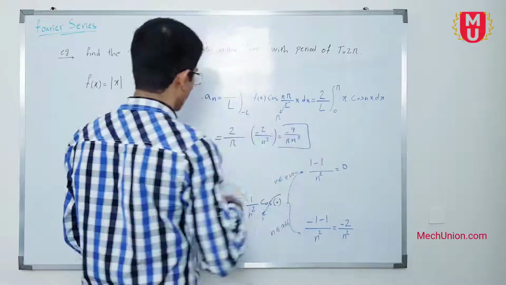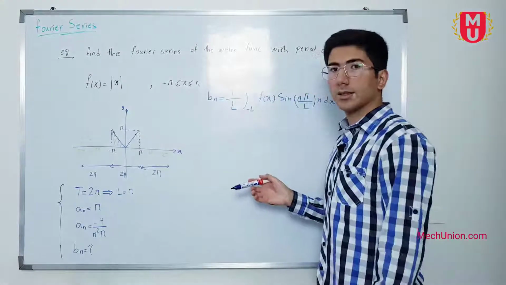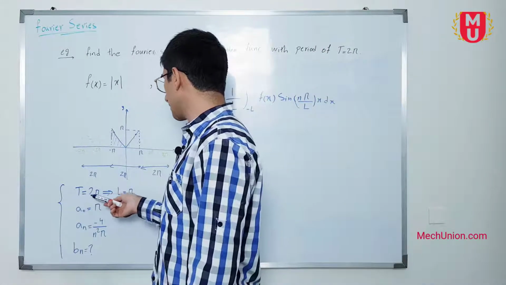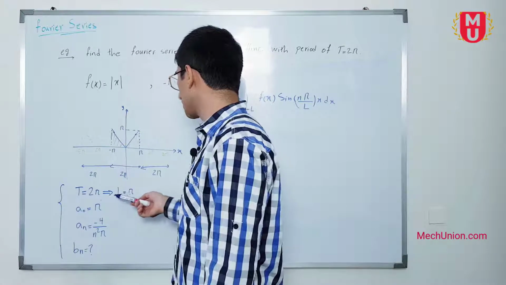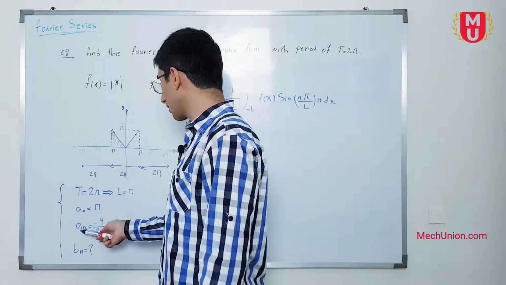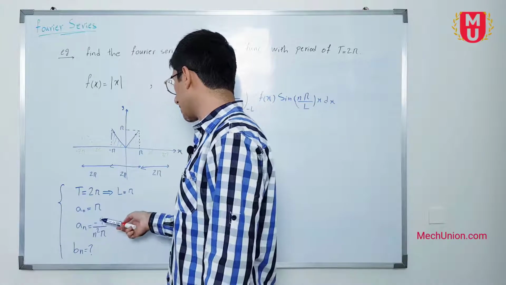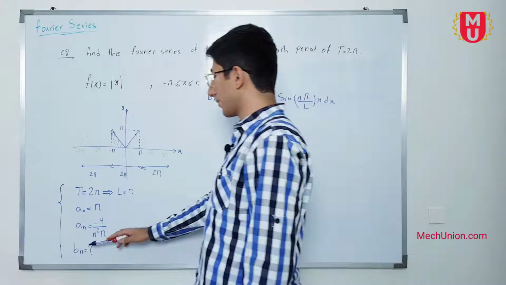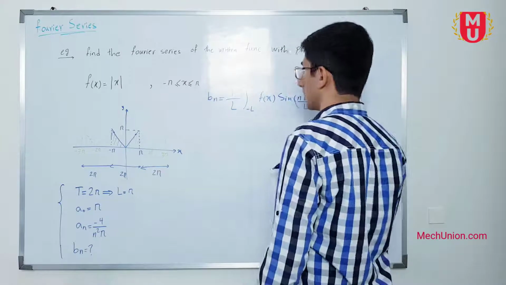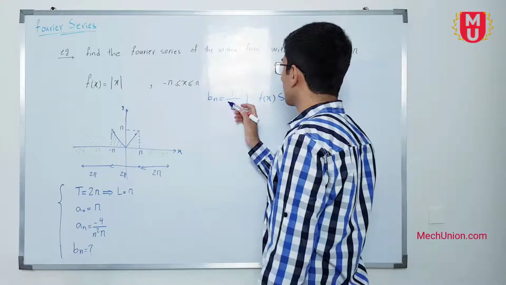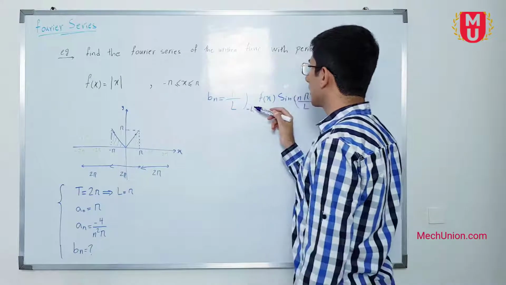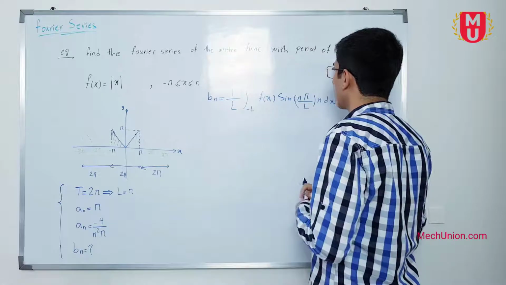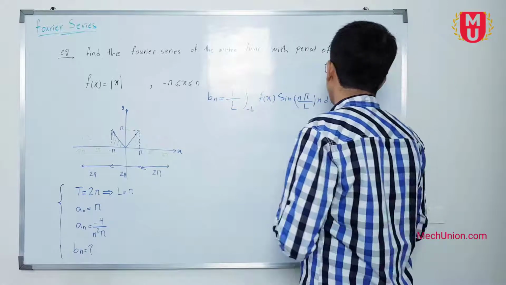That's our a_n. Okay, till this part we have found out that T equals 2 pi, L equals pi, a0 equals pi, a_n equals minus 4 over n² pi, and we're going to find b_n for the last one. And b_n equals 1 over L integration from minus L to L of f of x sine n pi over L x dx.